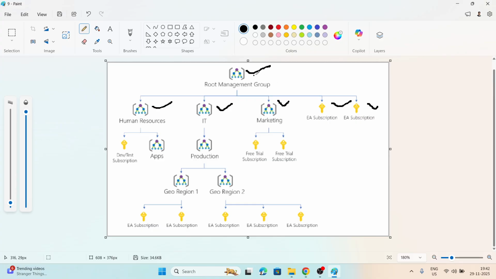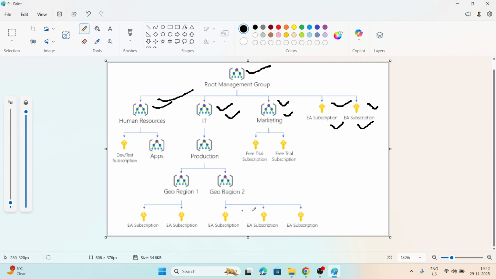If we make any changes to this management group, it will affect the human resources, IT, marketing management groups, plus the subscriptions also. And under these management groups, we can create subscriptions. So all the subscriptions come under a management group.